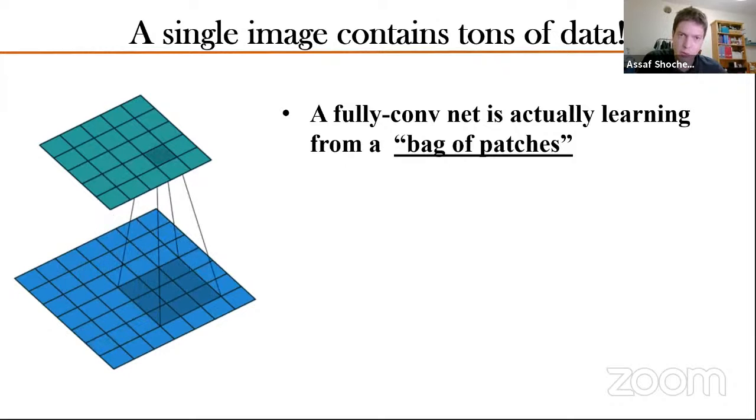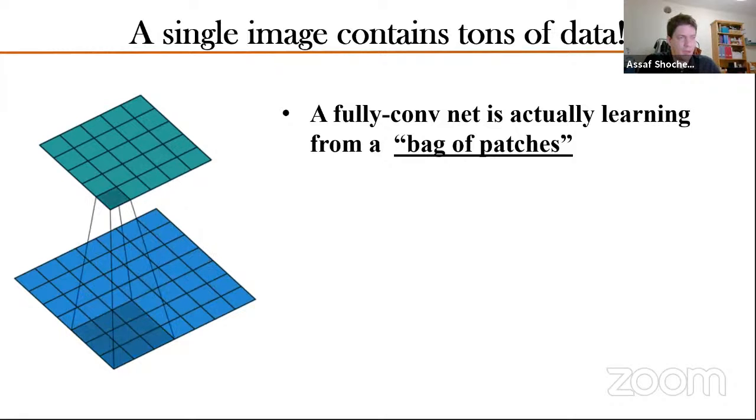These are networks that only have convolutional layers and activations, but they certainly don't have pooling or fully connected layers like classification networks usually do.